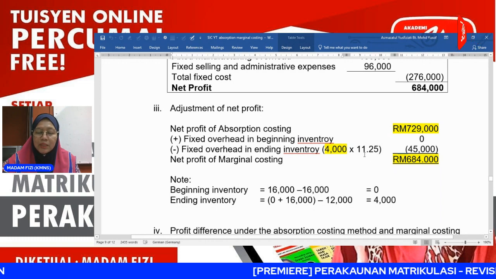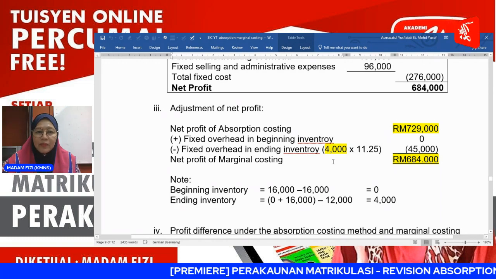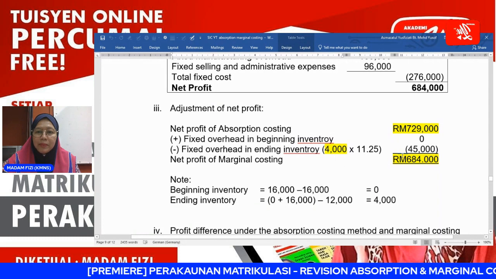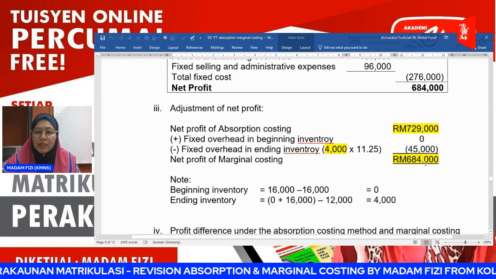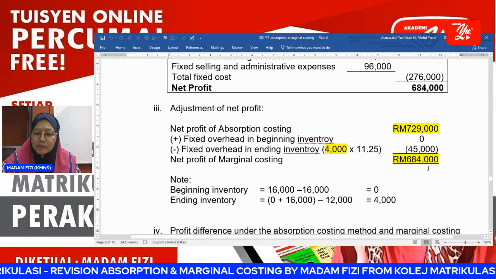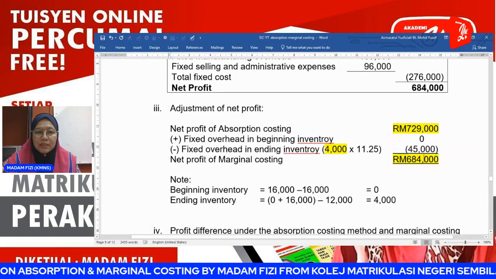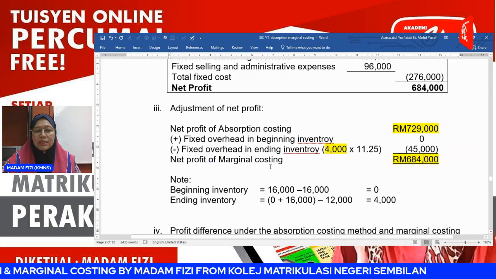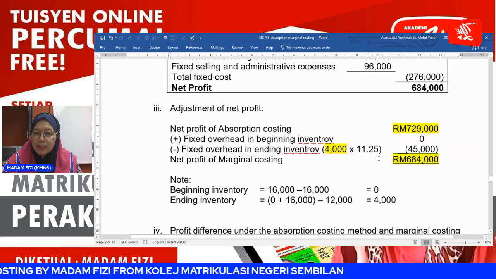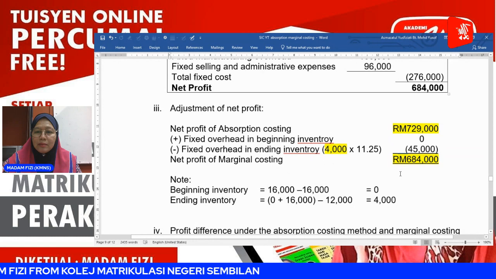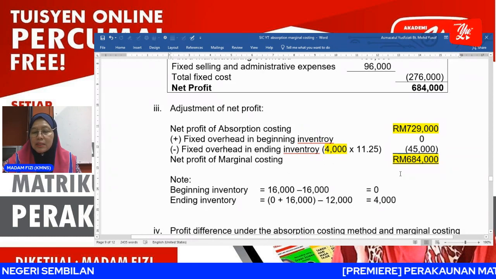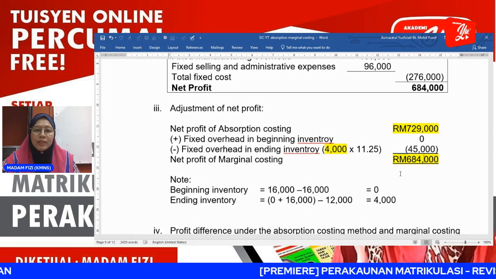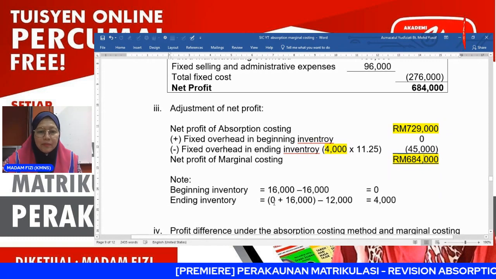Fixed cost per unit. Okay, so awak akan dapat 684,000. Okay, this is apa? This is the net profit of marginal costing. Okay, sama kan? Dapat? Kalau tak sama, you have to search. You have to find out apa yang salah.